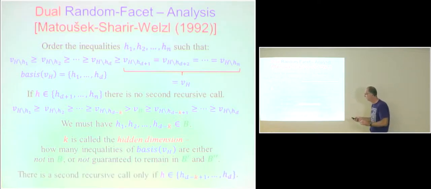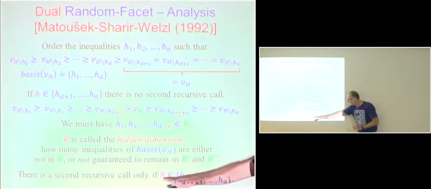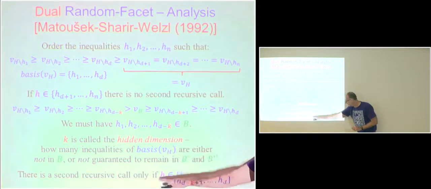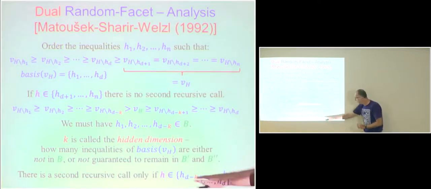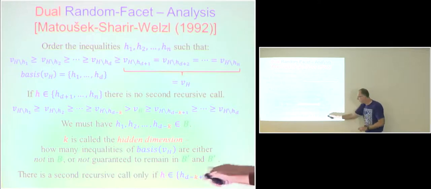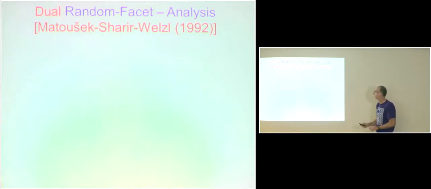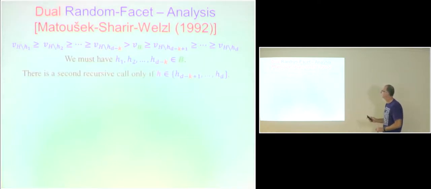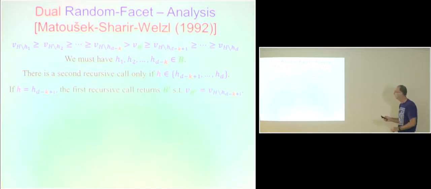Okay. Now, a second recursive call is made only if the random inequality h that we choose is a member of these k inequalities. Now let's see what happens if we do choose one of these inequalities. This is just a recap of what we said in the last slide.